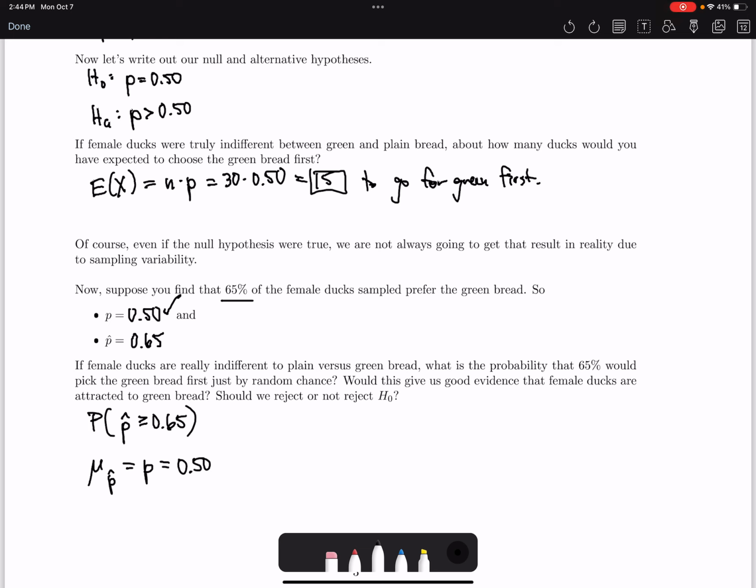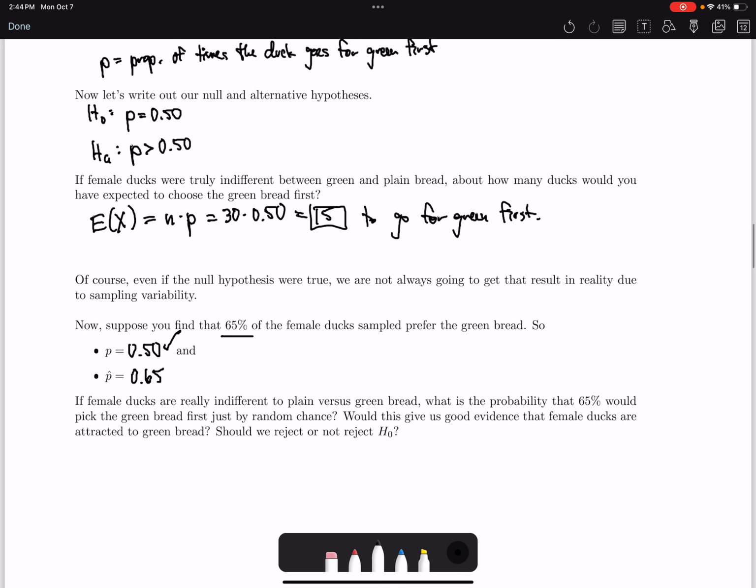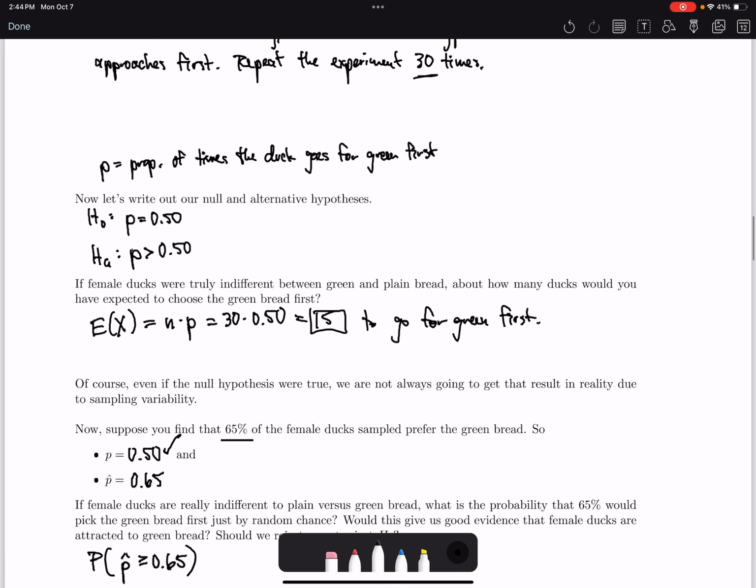So p hat is normally distributed with a mean of 0.5 and a standard deviation of sigma sub p hat, which is the square root of pq over n. That's the square root of 0.5 times 0.5 divided by our sample size n. We said that we would repeat 30 times.